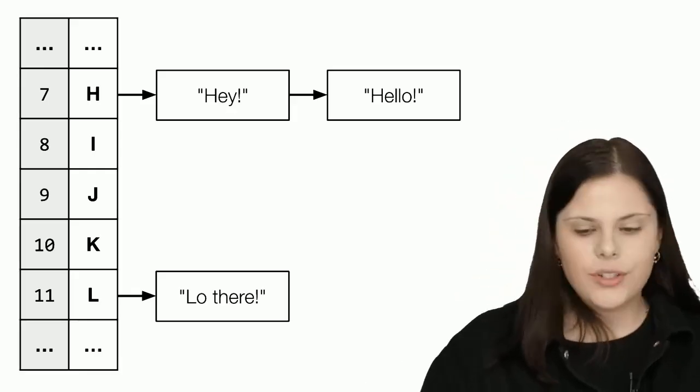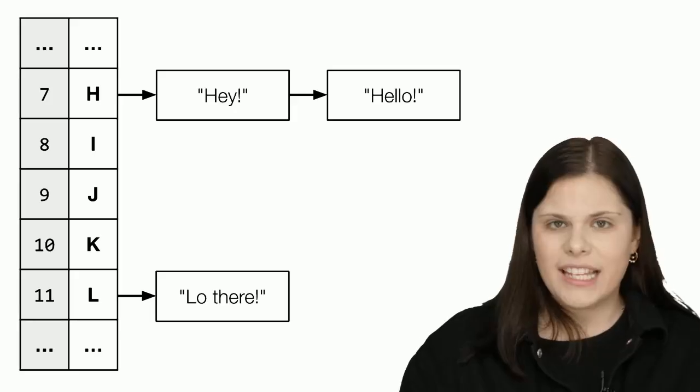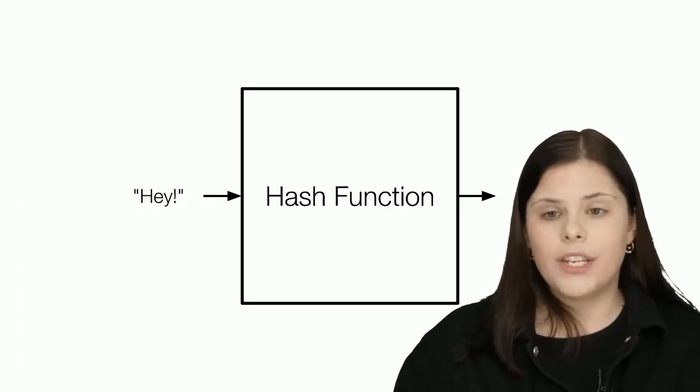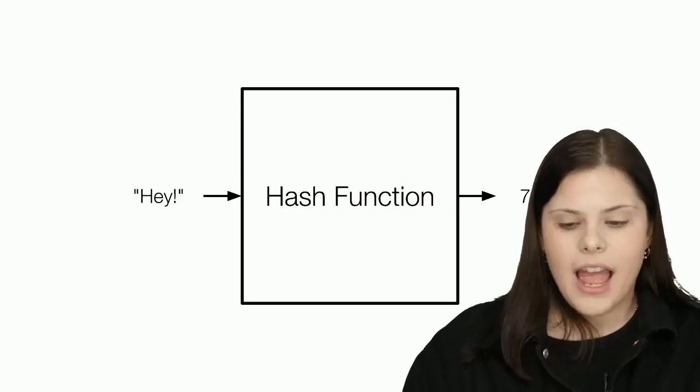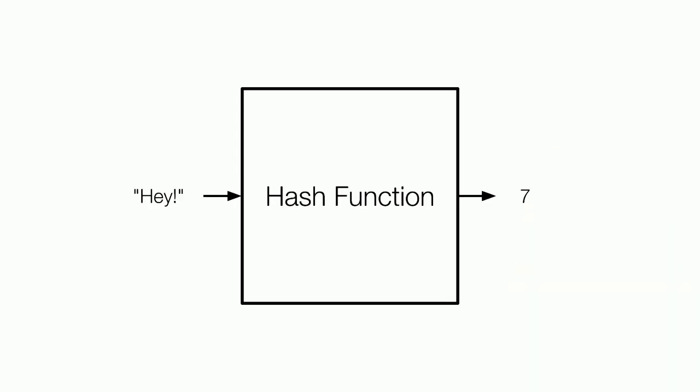But how does the computer actually assign these indices? Well, we can use hash functions for that. A hash function is some kind of algorithm, and there are many that exist out there on the internet, and we're going to talk about one of them and how to implement it.